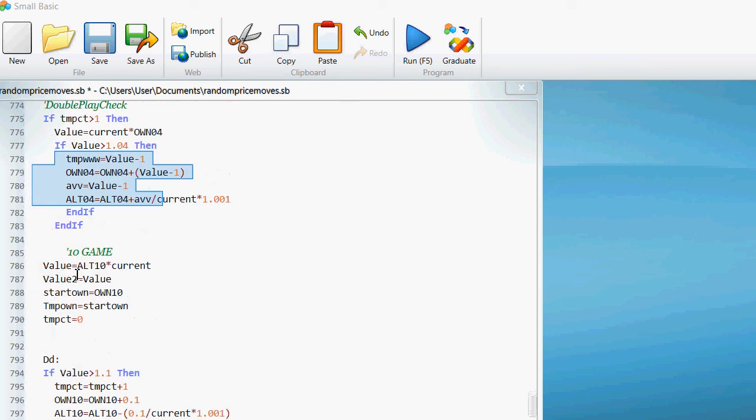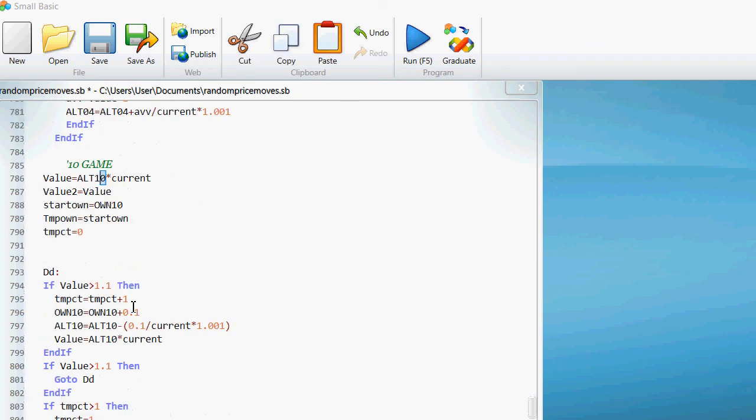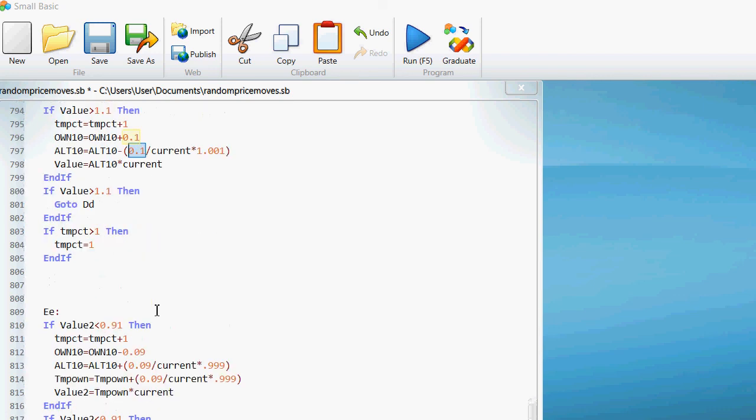And in here, I just copied and pasted the other ones and then just changed this. So I changed Alt 10 to Alt 04. And in this here, same thing. So a value is greater than 1.1, I would change this from 0.04 to 0.1. But on the buyback, I would wait for a 9% reduction, because 9% down is pretty much the same as 10% up.